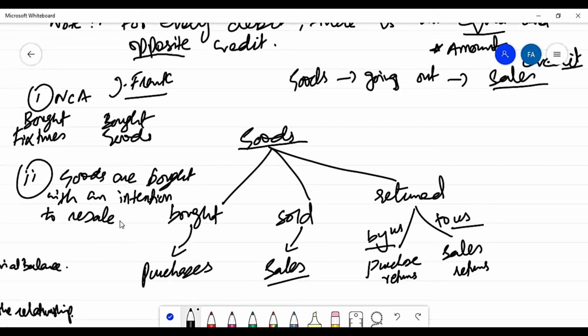That is also the biggest difference between both of these, and that's the main reason when we are buying goods with an intention to resale, we term it as purchases. We do not buy fixtures for the intention of resale. So can we say the definition of purchases is goods that are bought with an intention to resale? Yes, that is the definition.